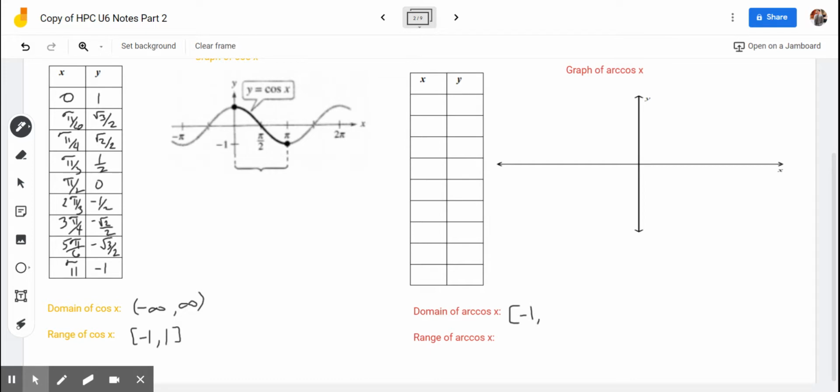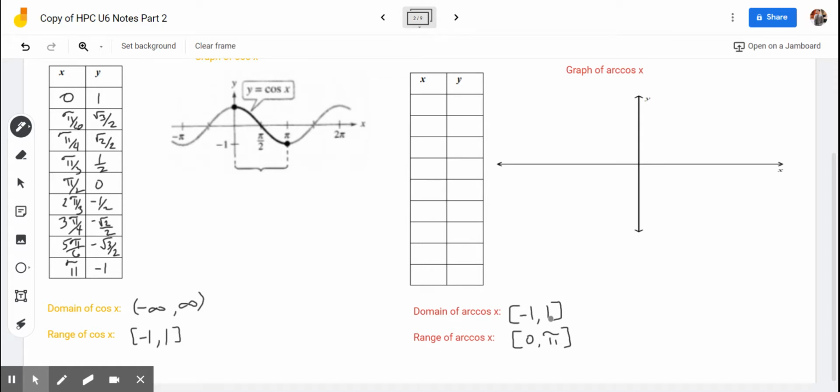So our domain for arc cosine or cos inverse is going to be negative 1 to 1, and our range is going to be from 0 to pi, because that is the smallest interval where the range of values from negative 1 to 1 will be reached.